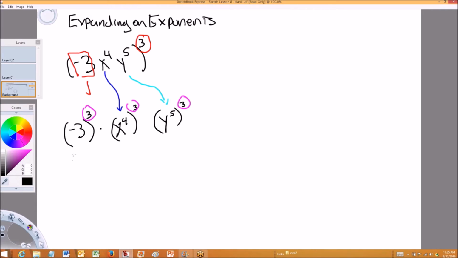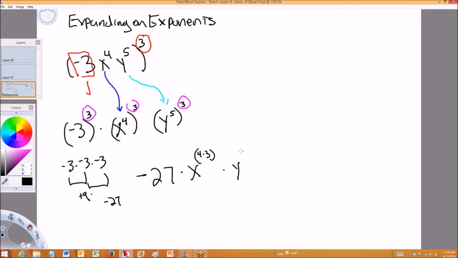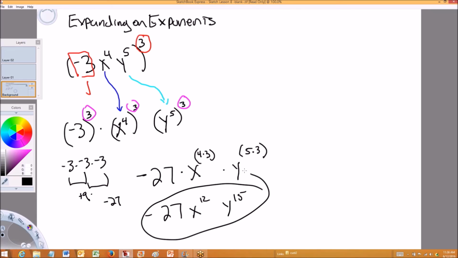So as before, negative 3 to the 3rd power is a positive 9 times a negative 3 is a negative 27. So we have negative 27 times x to the powers of 4 times 3 times y to the powers 5 times 3. Rewrite it. That should be the answer.